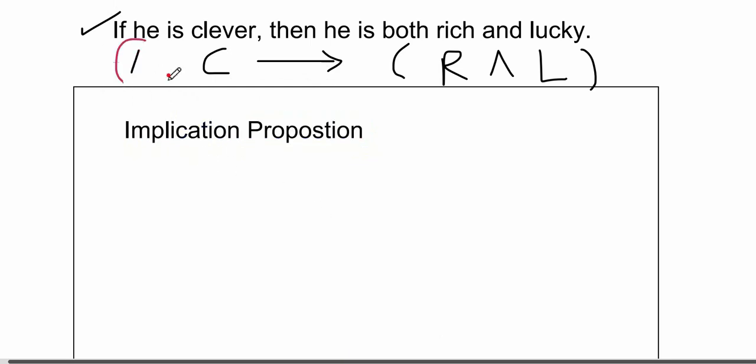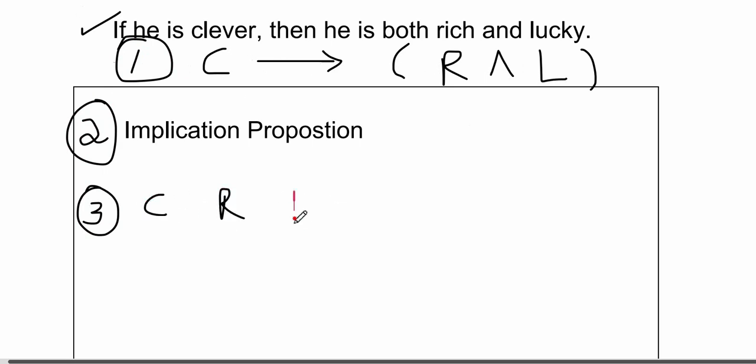The first is the symbol, how to symbolize it. Second is the type, and third is the truth table. So the truth table will be, again, we have three different constants here: clever, rich and lucky. So we create clever, rich and lucky, and then we have to solve this also. So we'll be using R and L, that is R conjunction L, and then finally we will have the entire thing.